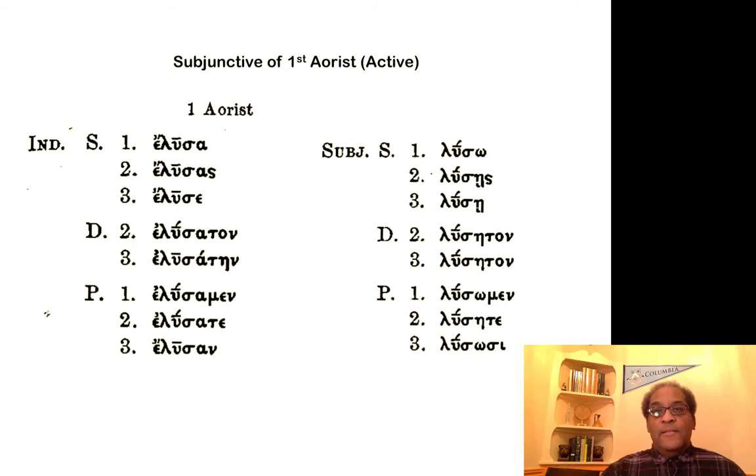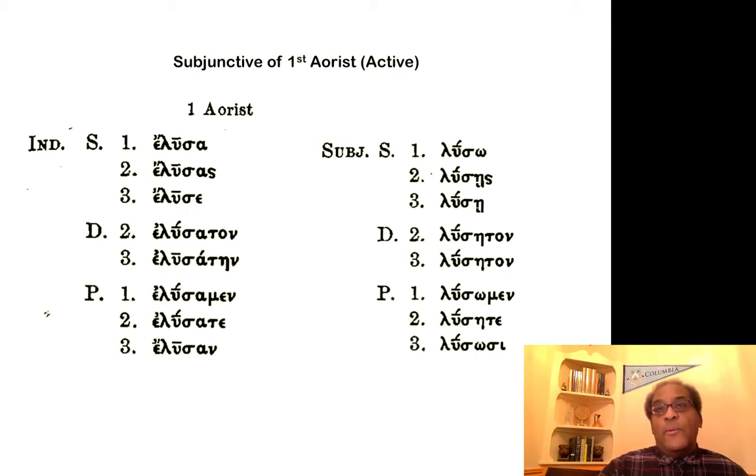Going to the subjunctive of the first aorist, you're just adding the same endings that you just had in the present. Those same endings are being added to the aorist stem without the augment. The augment, that epsilon, only occurs in the indicative tenses, so you just have the aorist stem marked by the sigma, to which these endings are added.